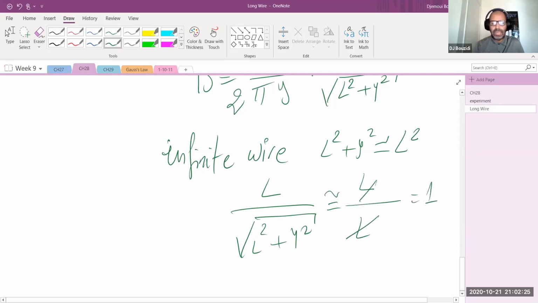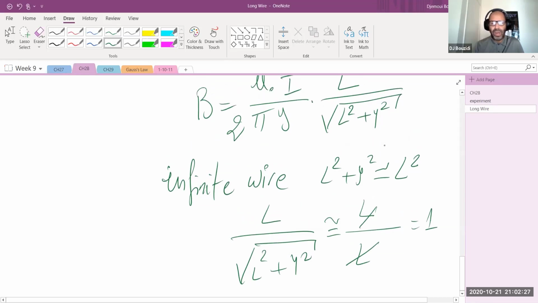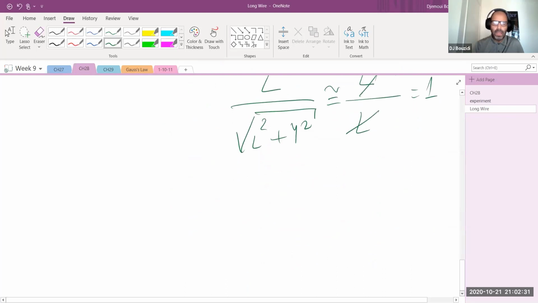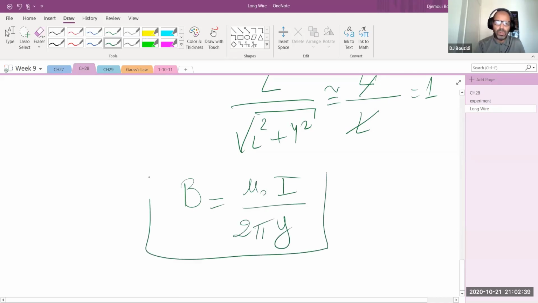So for an infinite wire, the magnetic field is equal to mu naught I over 2 pi times y. This is a very, very important result that I really need to circle in here. So this is an infinite wire, and we found the magnetic field for it.